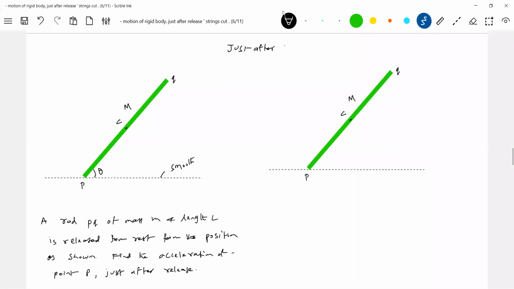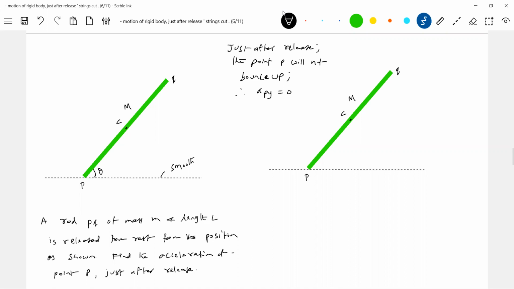Just after release, the point P will not bounce up. Okay? So therefore, the acceleration of point P along the y-axis is 0. This is enough for me to solve the problem.